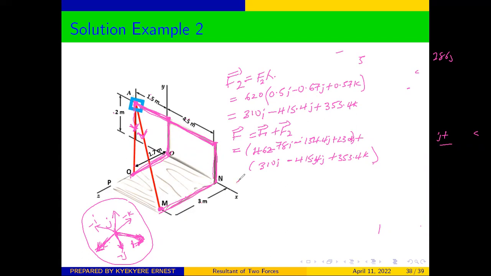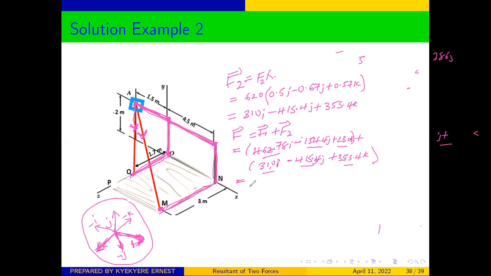So from here, when we put all the i, so this is i, this is i, this is j, this is j, this is k, this is k. When we add this and that, it will give us the x component, add this and that to give us the y component, this and that to give us the k component.